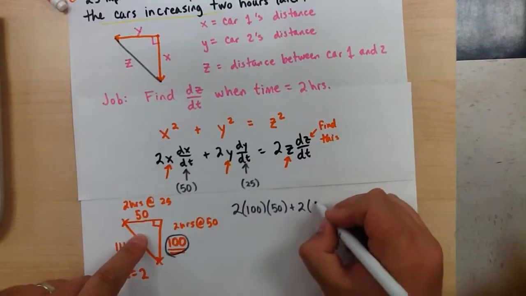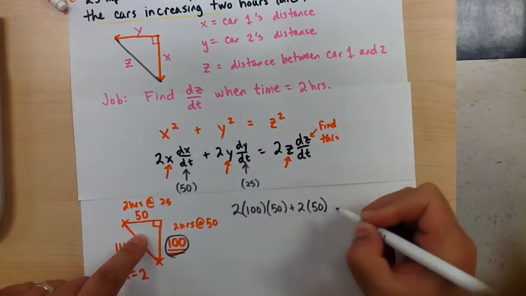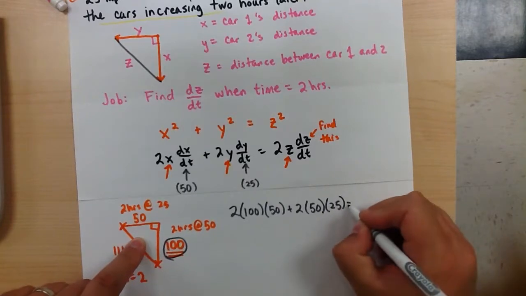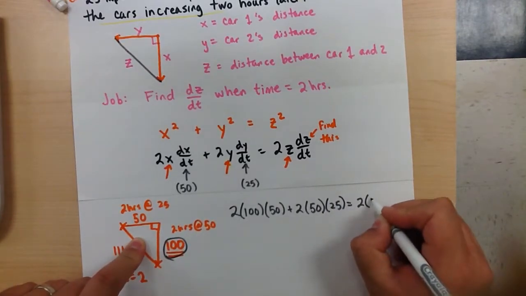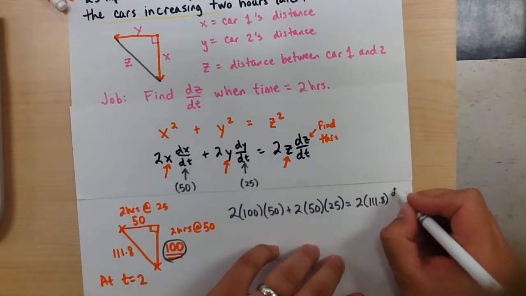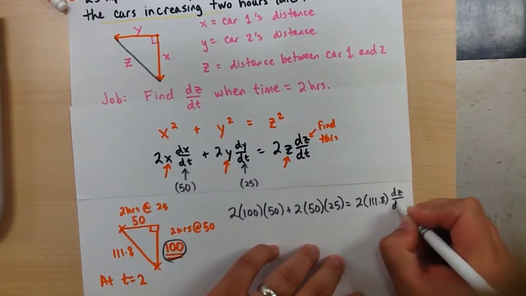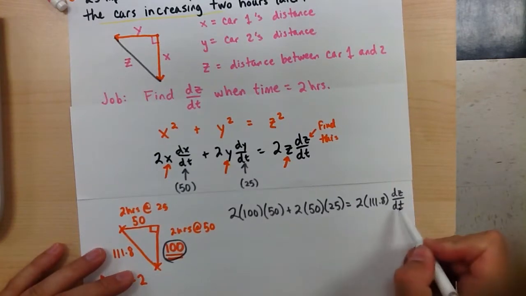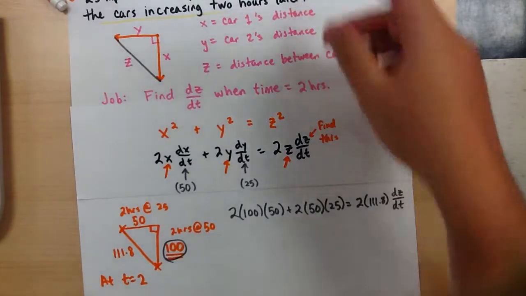We know what y is at that point, and we know its rate, equals 2z. We know z at this point. The only thing we don't know is how that rate between the two cars is changing. Okay, how's the distance between those two cars changing? And so look, I have all these numbers and one unknown. That's exactly what we want to have.